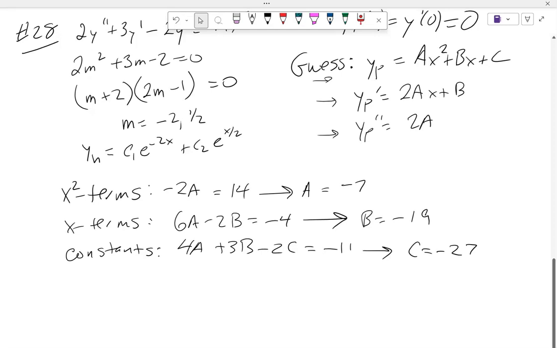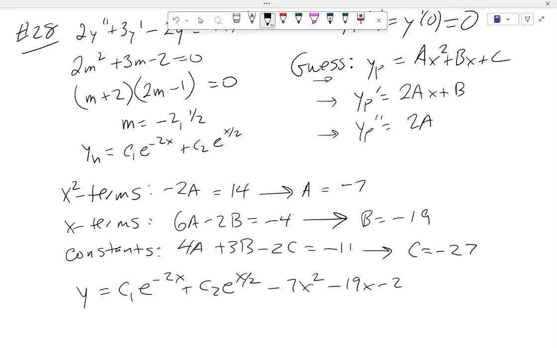So, if we're just to write down the general solution, we have our c1 e to the negative 2x plus c2 e to the x over 2 minus 7x squared minus 19x minus 27. That's our general solution, right? That was much nicer than the previous problem.